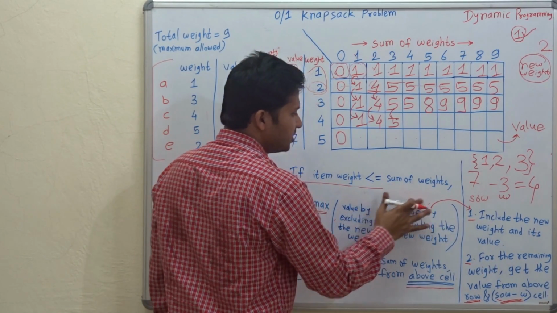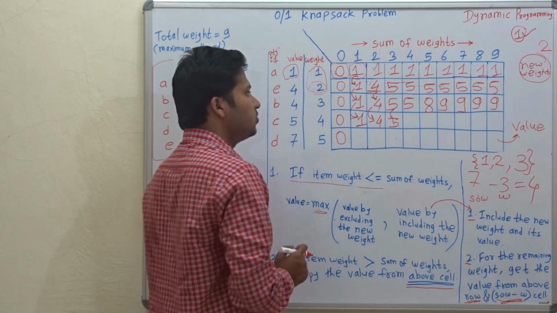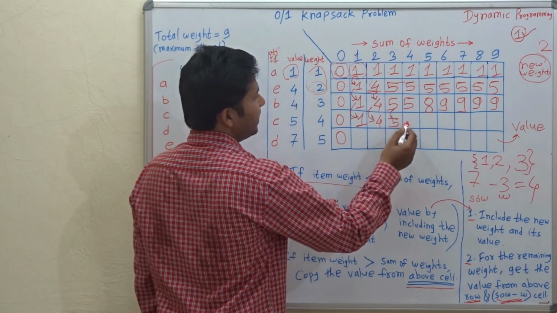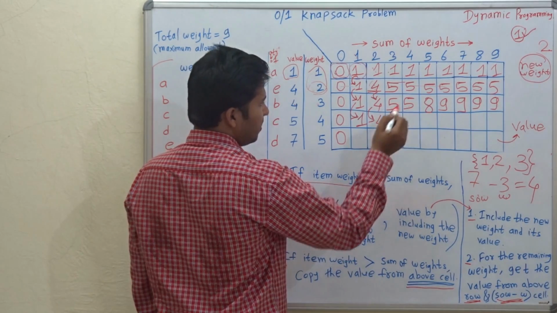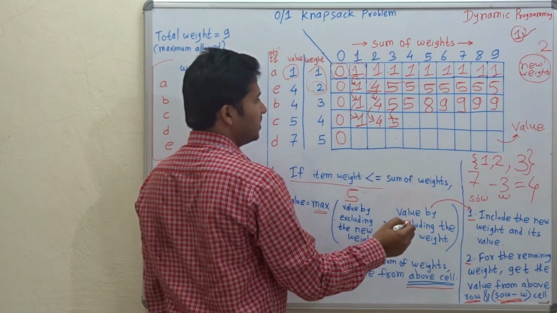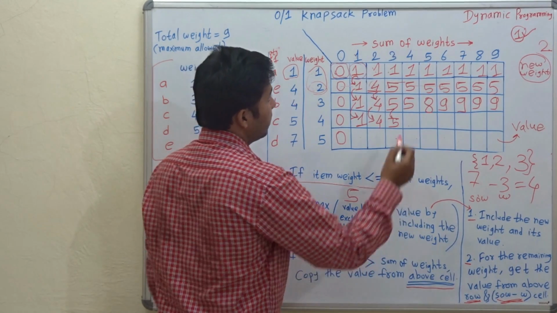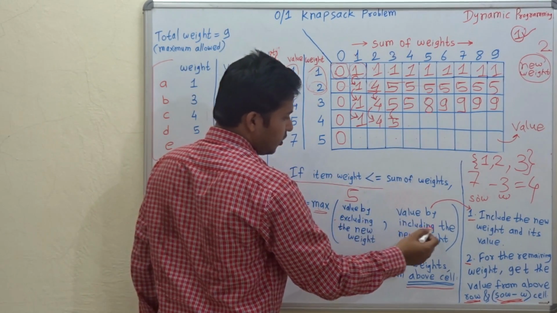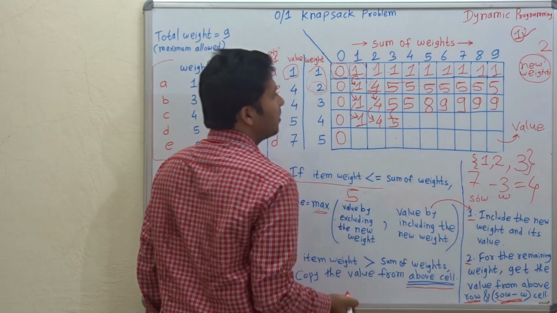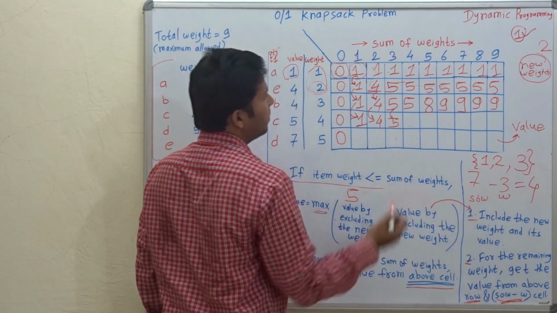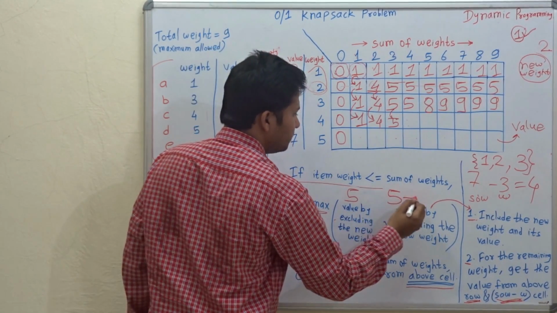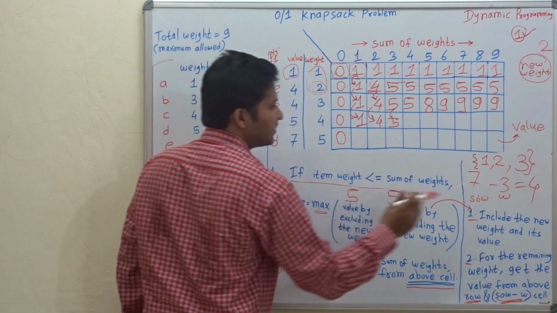Now in this procedure, let's do it. The value by excluding the new weight is the value in the above cell, that is 5, and the value by including the new weight takes these two steps. So include the new weight and its value is the first step. The value is 5 and the included weight is 4.